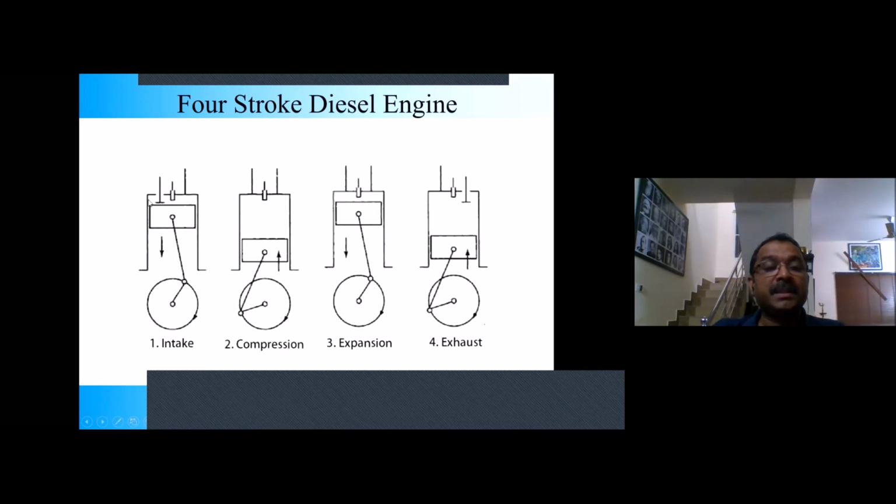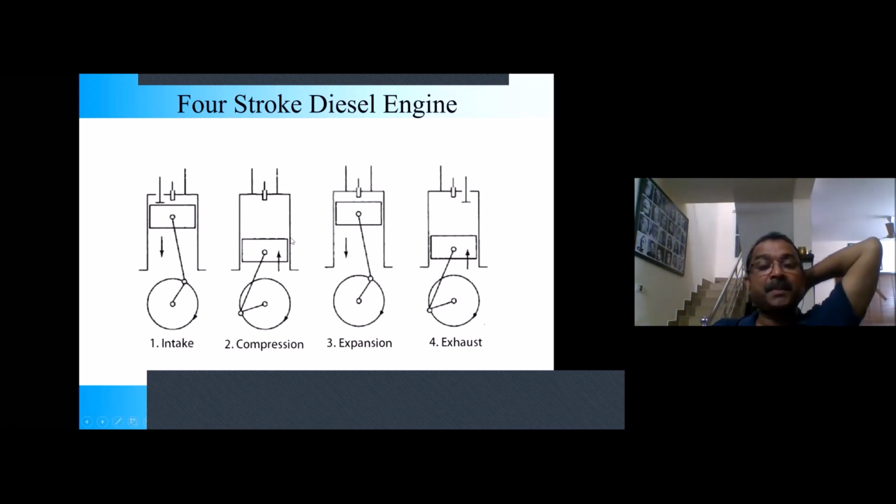So this is the cylinder, this is the piston. So when we pull the piston downwards, with the intake valve opened, air will get sucked in. Okay, we will move on to the second picture. So piston has reached its bottom dead center here.